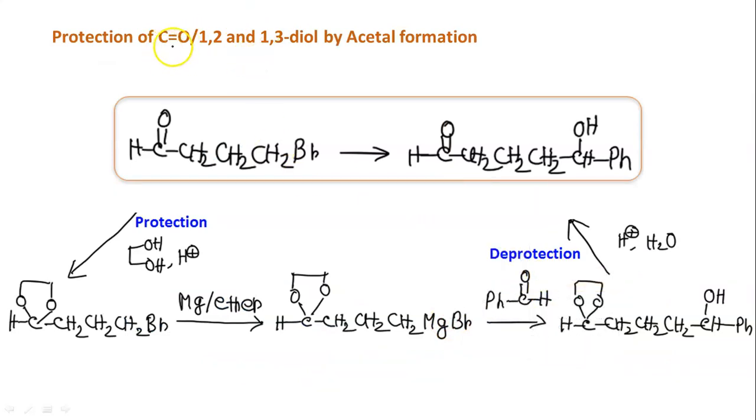So protection of carbonyl or 1,2-, 1,3-diol. So in this example we will protect aldehyde. So see here in the starting material, how many carbons are there? 1, 2, 3, 4. But in the final product, that is the target molecule, 1, 2, 3, 4, and this is a new carbon. So basically we have to add carbon.